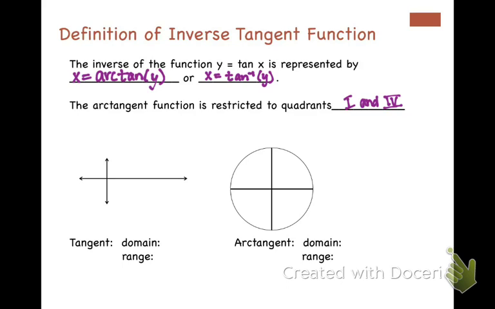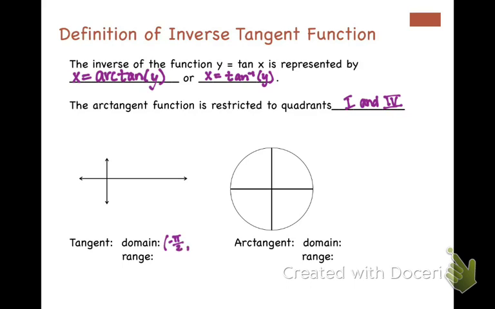So 1 pi over 2, 3 pi over 2, 5 pi over 2, 7 pi over 2, 9 pi over 2. So we already have a restricted domain. So for tangent here, our restricted domain, I'm just going to write our super restricted one for our inverse here.